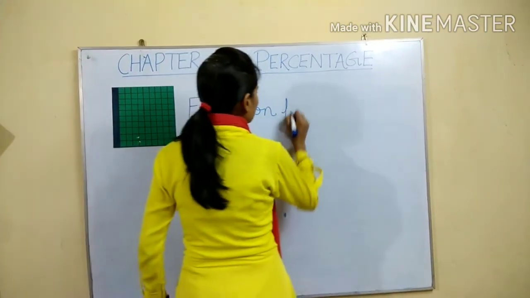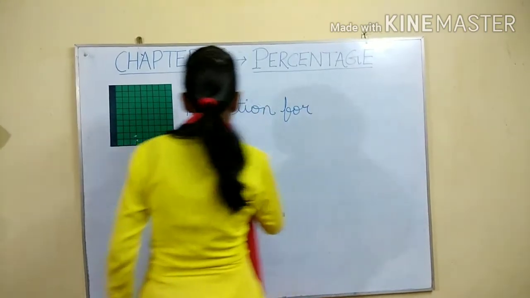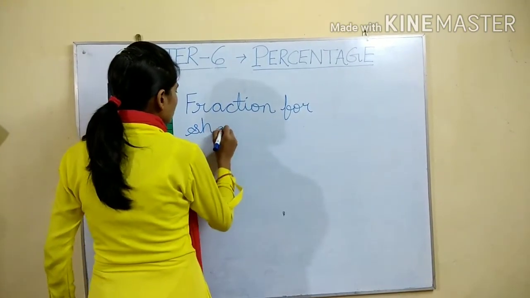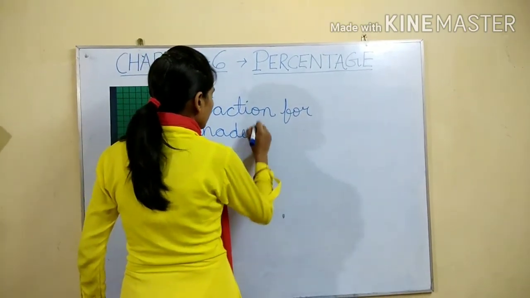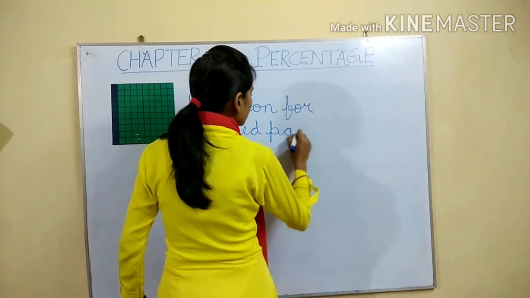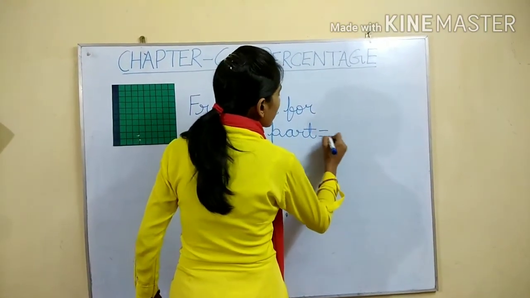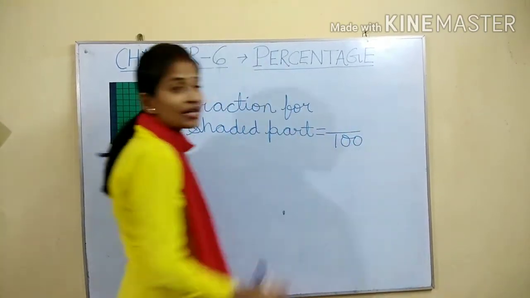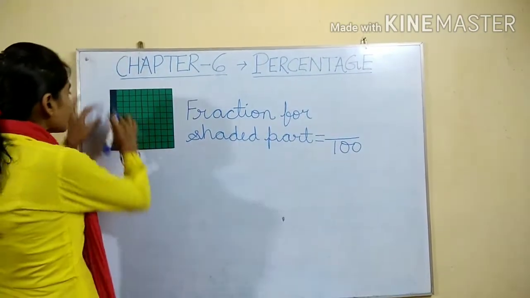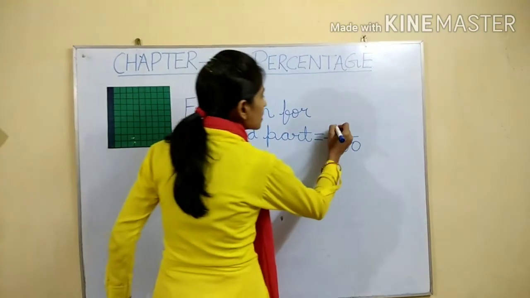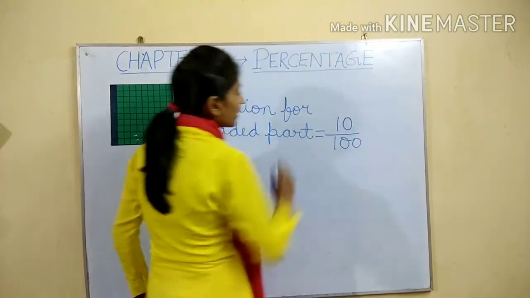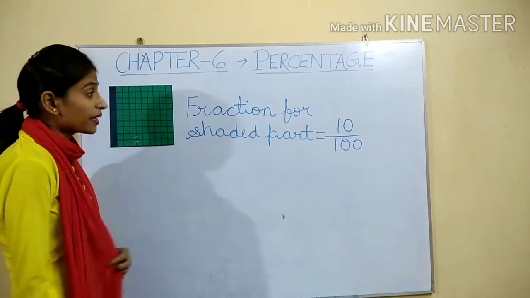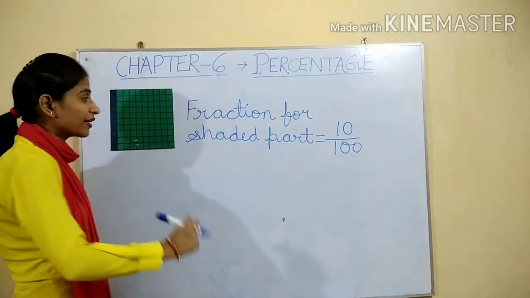We write the total number of equal parts in the denominator and the number of shaded parts in the numerator. So its fraction will be 10 by 100.